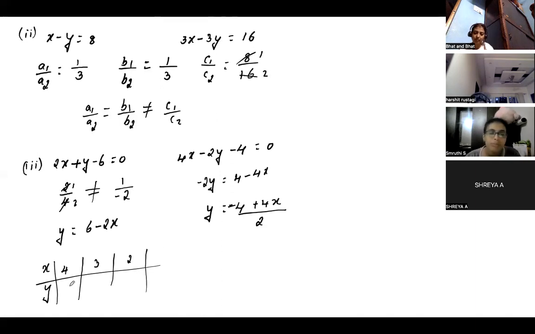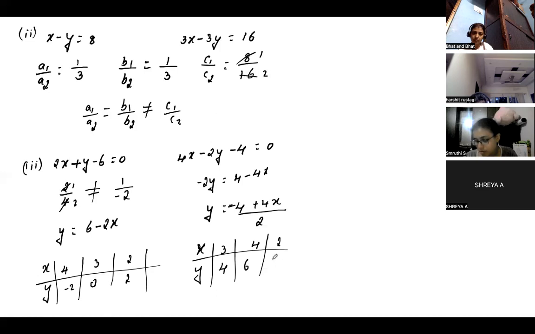I got -2, 0, and 2. And here, x and y, you took 3, 4, 2 and got 4, 6, 2. So see here, at this point it will intersect, correct?